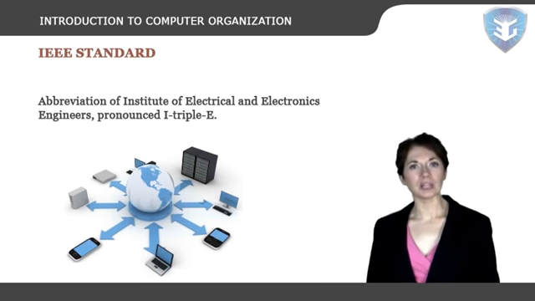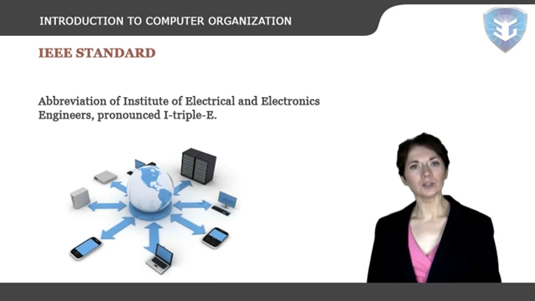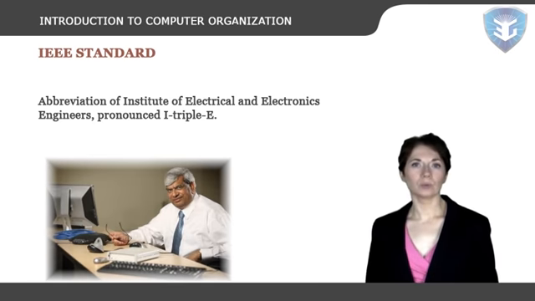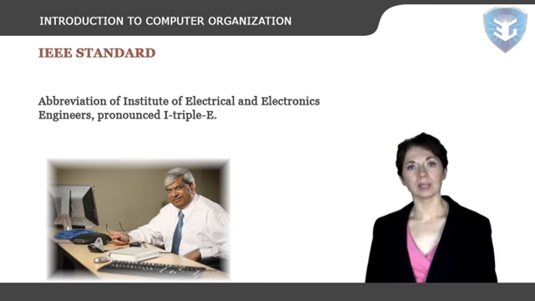IEEE is an organization composed of engineers, scientists, and students. The IEEE is best known for developing standards for the computer and electronics industry. In particular, the IEEE 802 standards for local area networks are widely followed. The IEEE has done notable work in the standards area of networking.